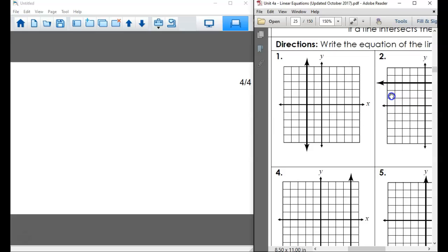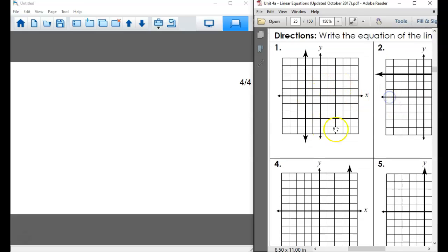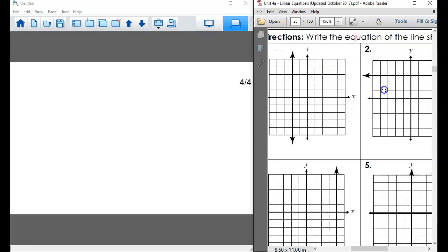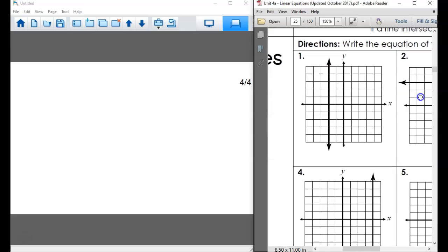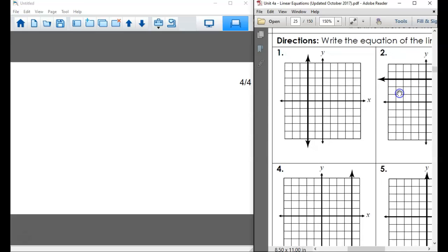Okay, so you'll notice over here we have some lines drawn, and our directions are up here. It says to write the equation of the line shown on the graph. So we are going to write the equation of the line shown on each of these graphs, okay?